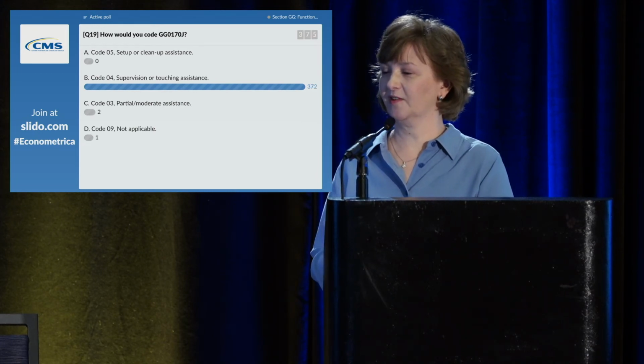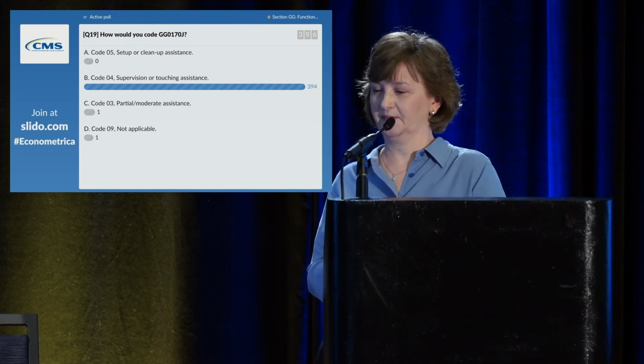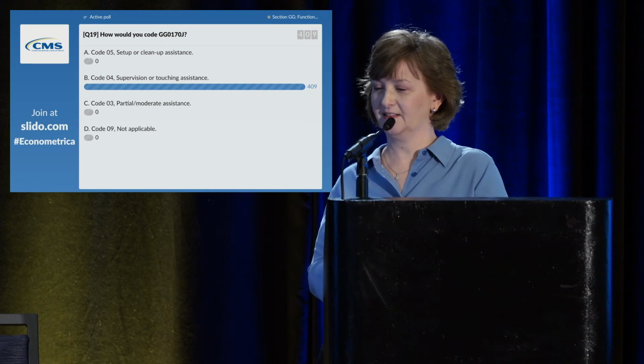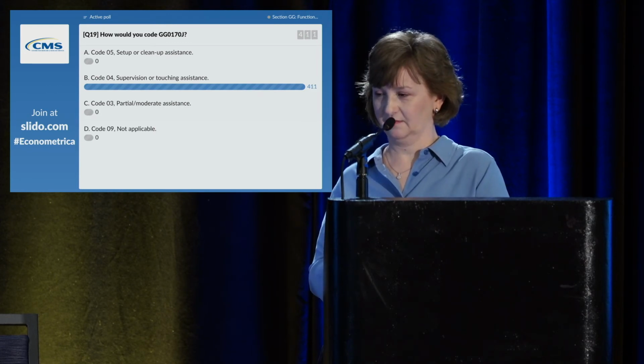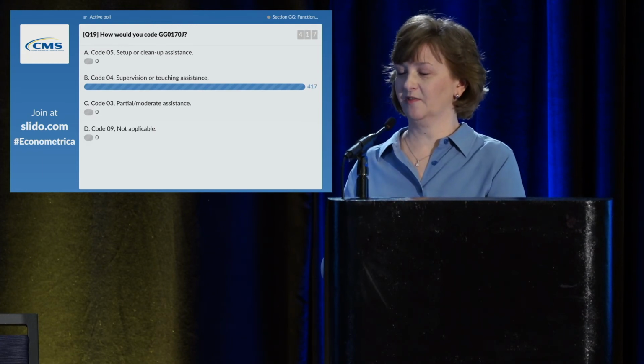Okay, it looks like there's still some answers coming in. Just give you another couple of seconds for those of you who are still doing it online. Okay, so I think we can go ahead to the answer now.